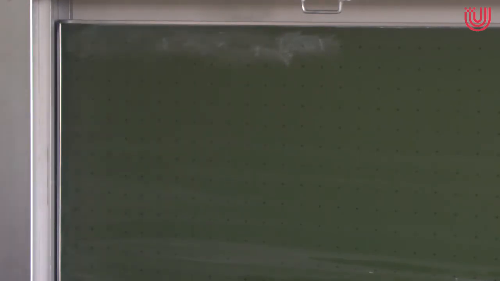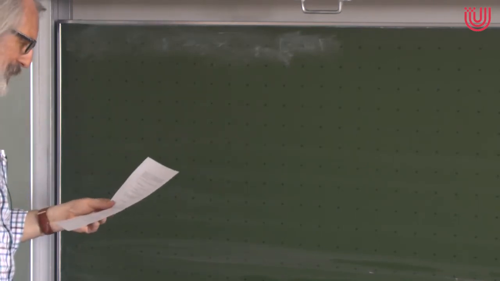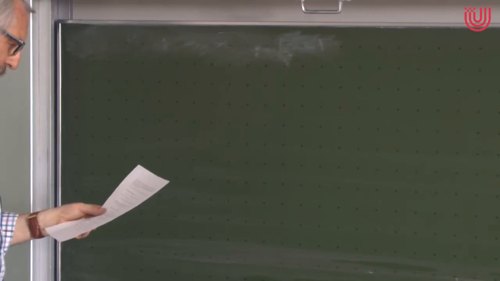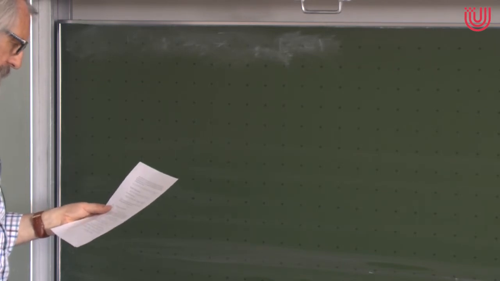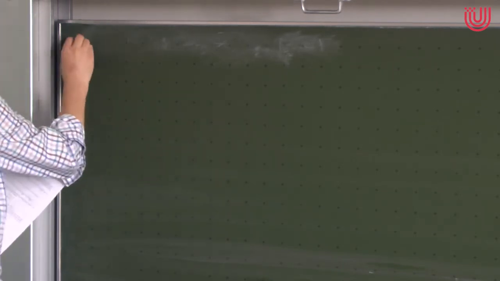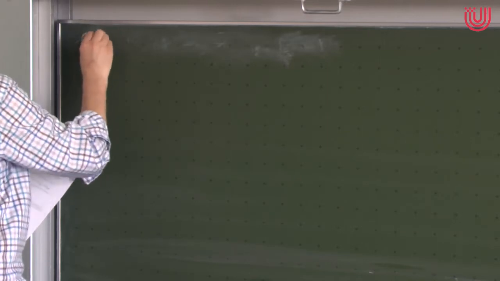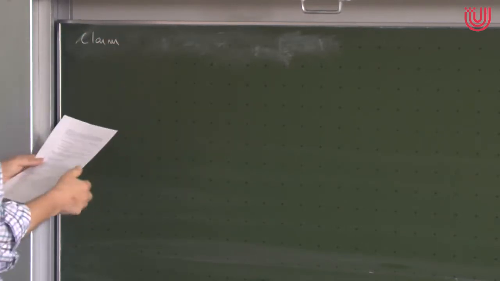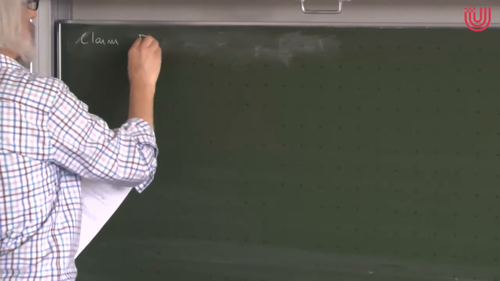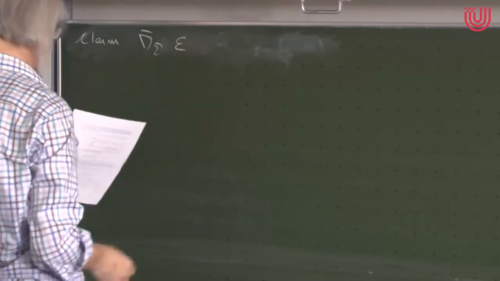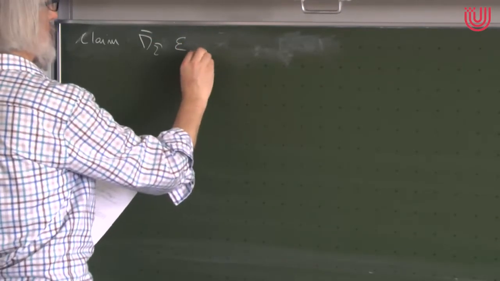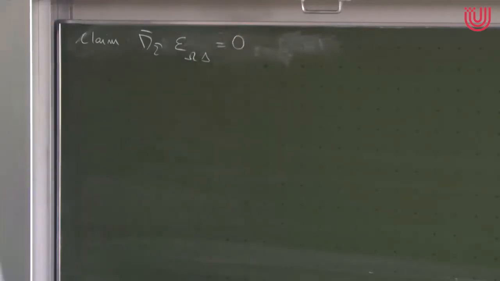So unfortunately, a lot of calculations, and I try to minimize the work which I do on the board. So let me see. Yeah, okay. So my claim is that the covariant derivative of the epsilon is 0. Okay, let me verify this.